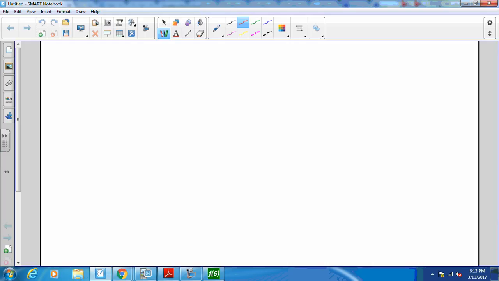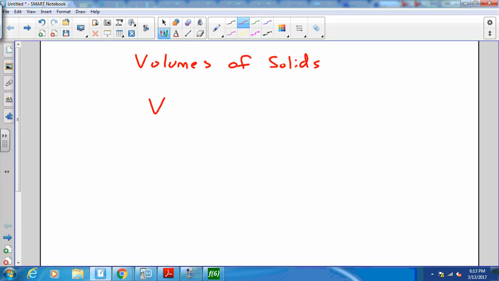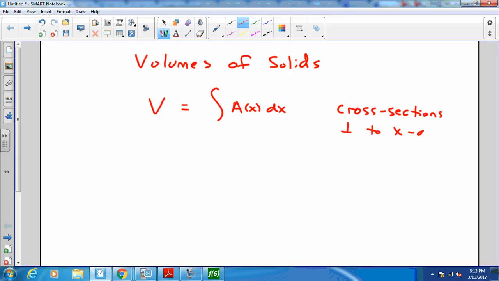You remember that yesterday in class we said that we could calculate the volumes of solids by considering the areas of cross-sections, and that the volume would be equal to the integral of the area dx if the cross sections are perpendicular to the x-axis, or the volume is equal to the integral of area dy if the cross sections are perpendicular to the y-axis.